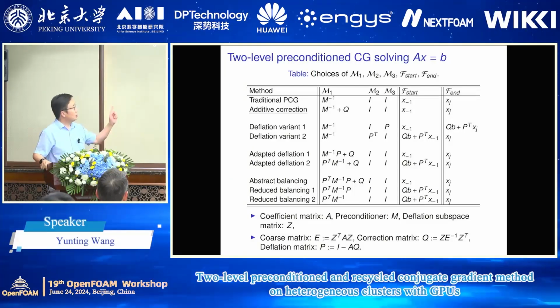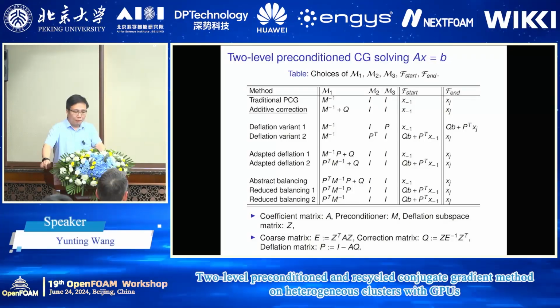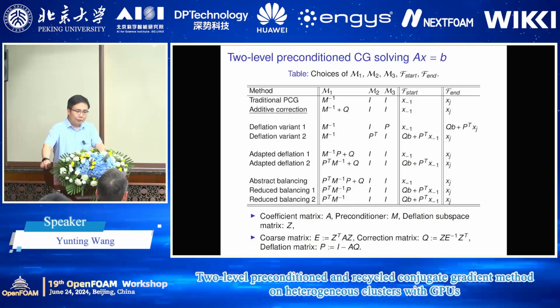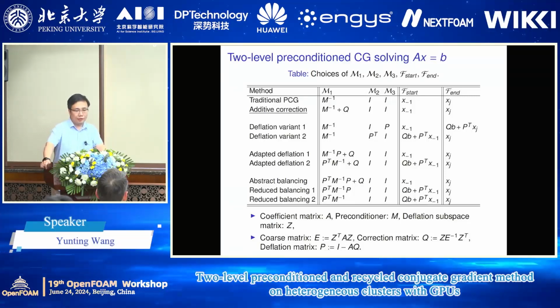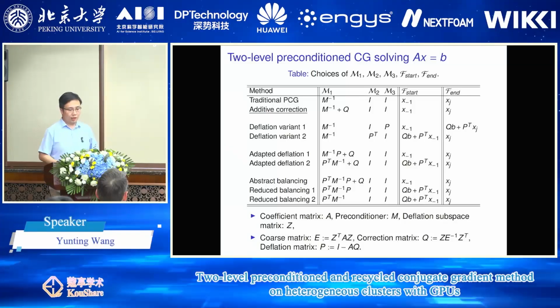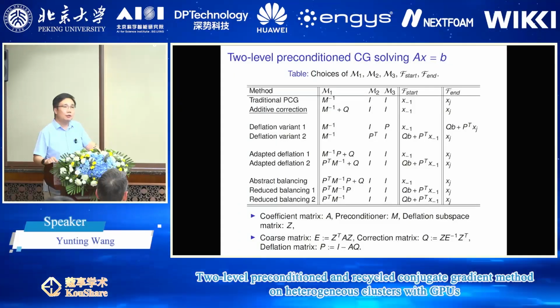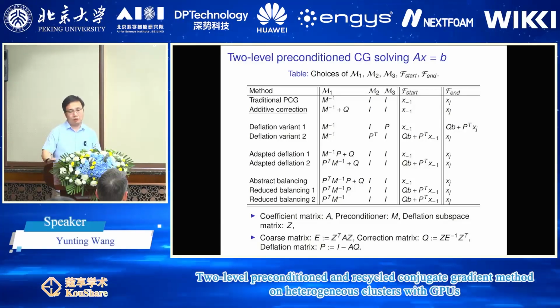This is the typical preconditioned CG method. The second one is called additive correction. It's quite simple and very close to the standard one: you have the preconditioning matrix M inverse, plus another correction matrix called Q.